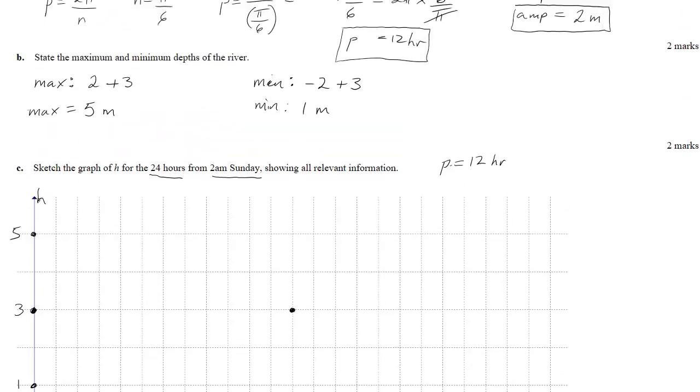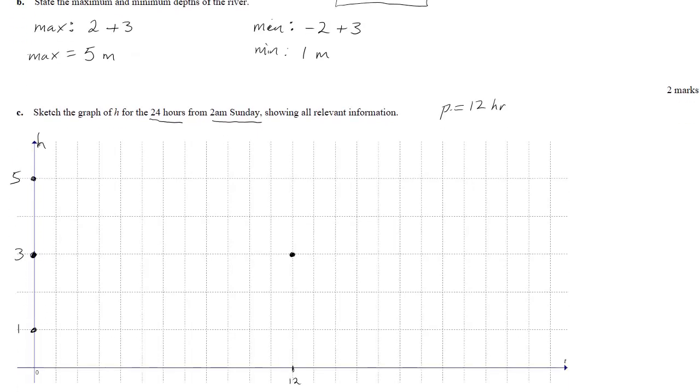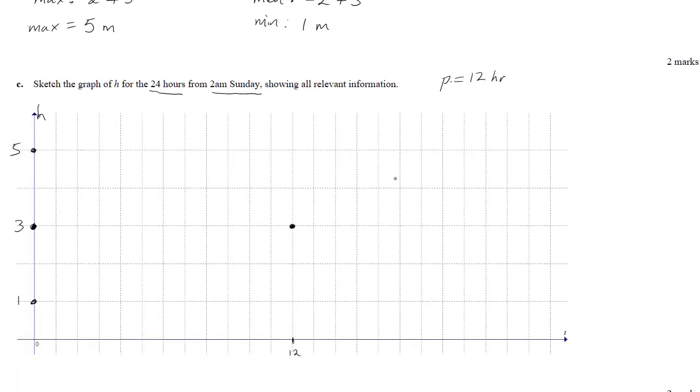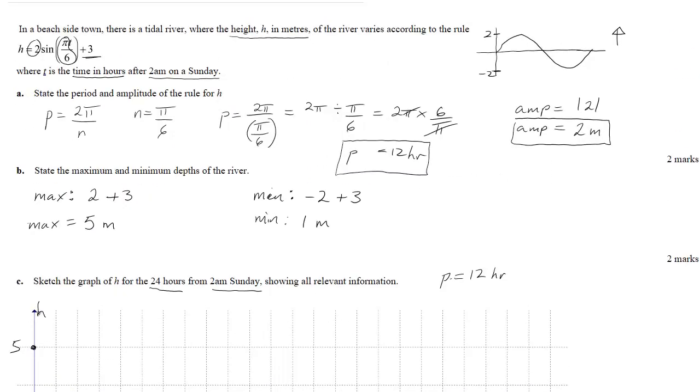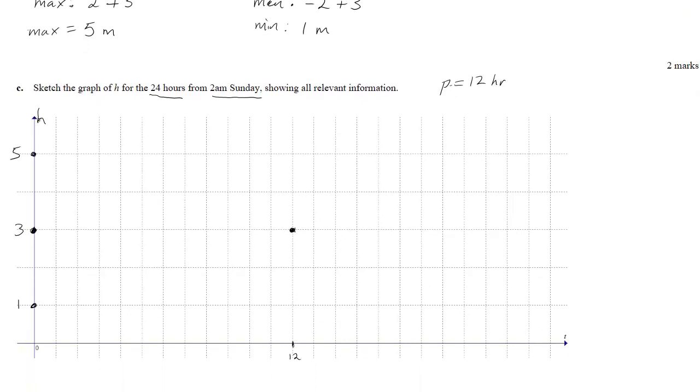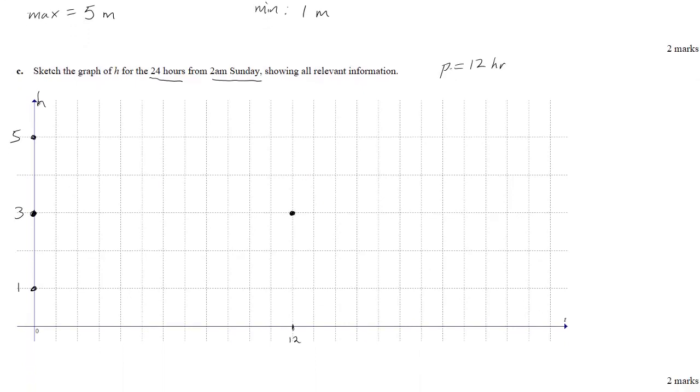Now let's have a look at the actual formula. If we look back at what the formula was, it was a positive sine graph. So what we know is that this sine graph will begin from 3 and it will actually move its way up. Now halfway to 12 is going to be 6.